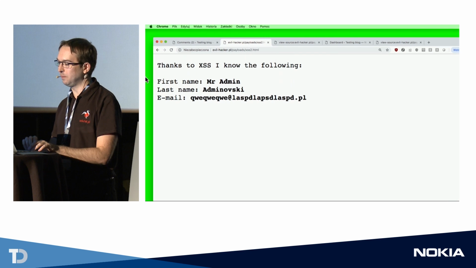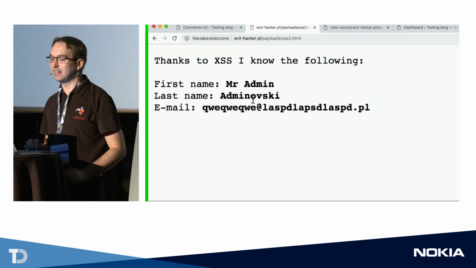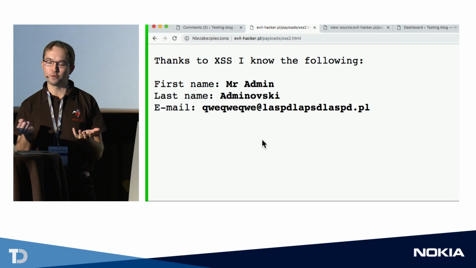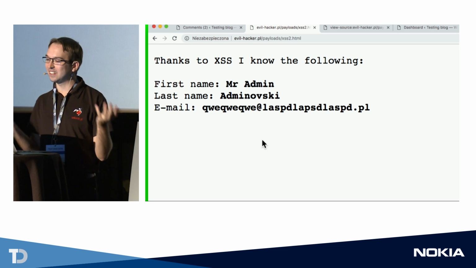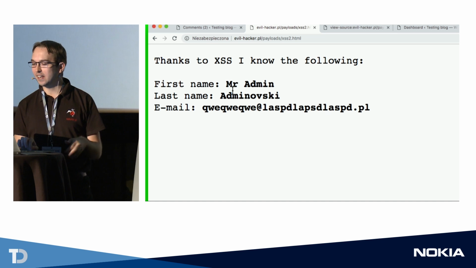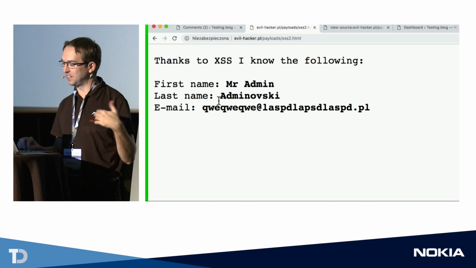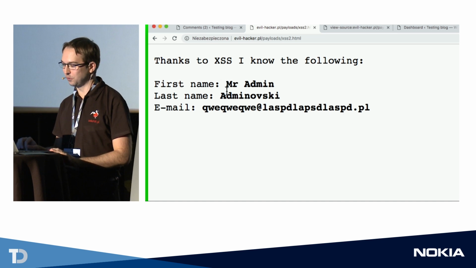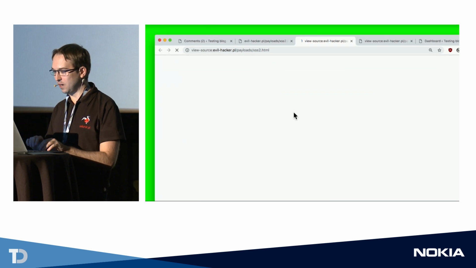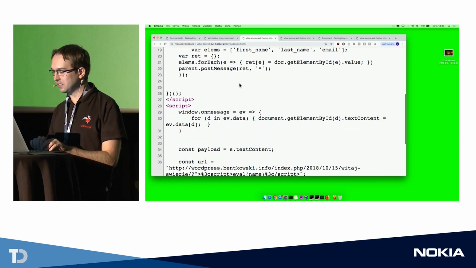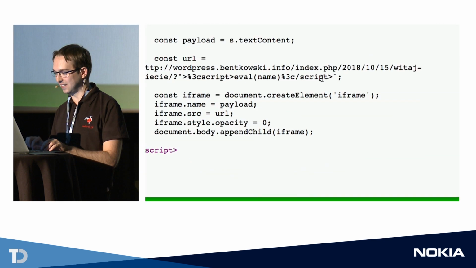And the second main effect of XSS is that I can also read some information. So not only can I execute something, but I can also get some data. In this case, I get the first name, last name, and the email of the administrator. So we know that this is Mr. Admin Adminowski. And when we have a look at the source, this is actually exactly the same XSS.